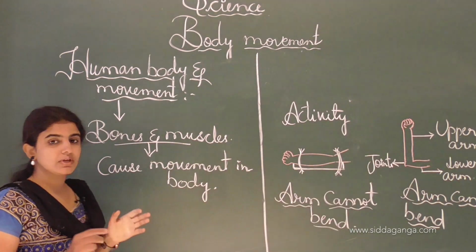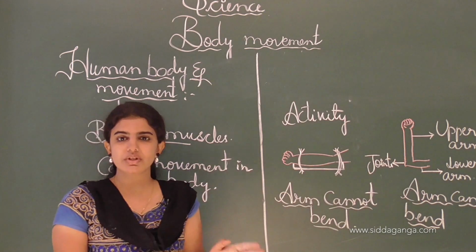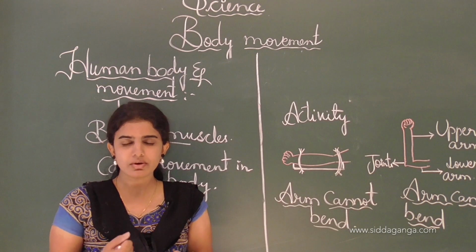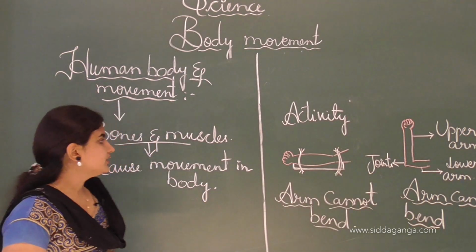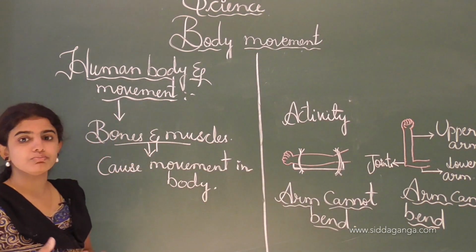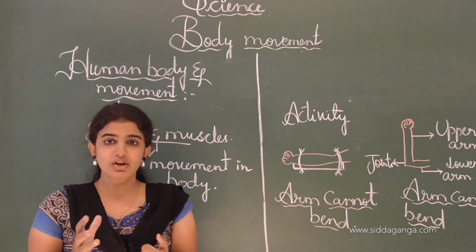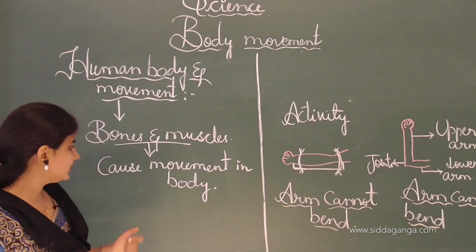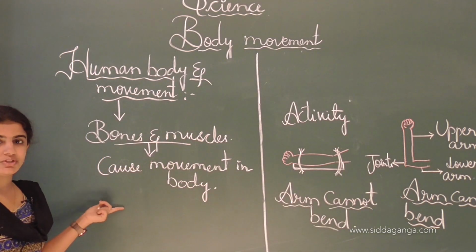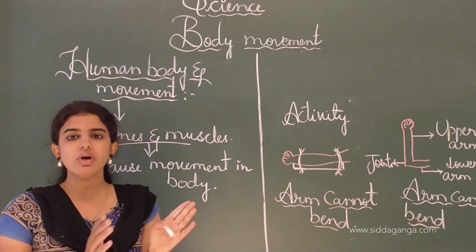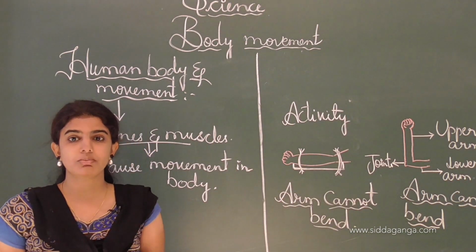For example, if we move from one place to another place by using our legs, we can say that movement takes place in our body, and these movements, which help us move from one place to another place, are called locomotion. As I already defined, locomotion is the ability of humans or animals to move from one place to another place by using the whole body.